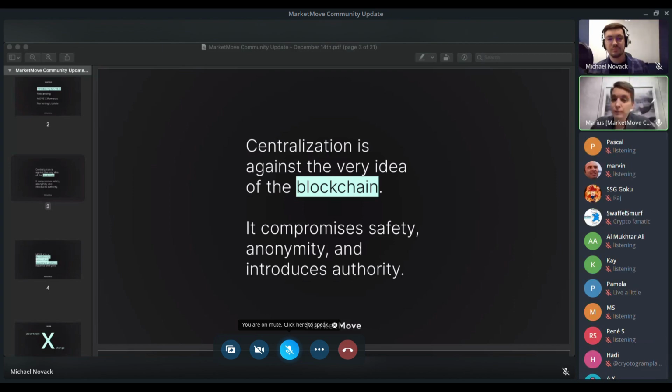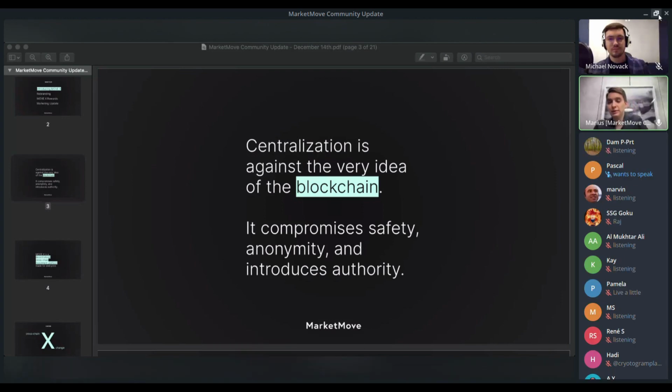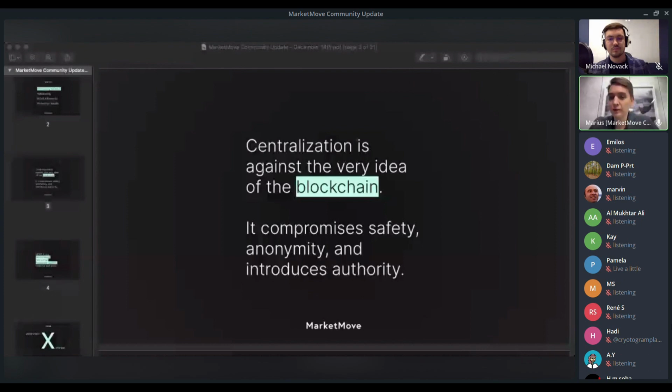So this is all fine. These are big-name firms with established reputations. But the reason blockchain was conceived in the first place was to decentralize, to keep the ruling rights not in a centralized form, and this is against the very idea of the blockchain.